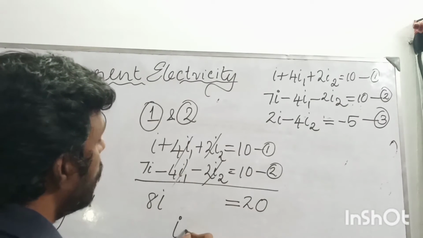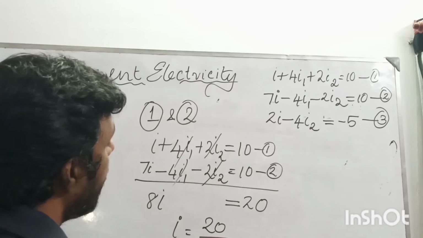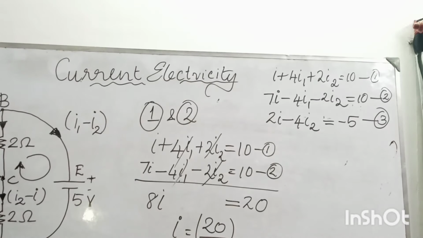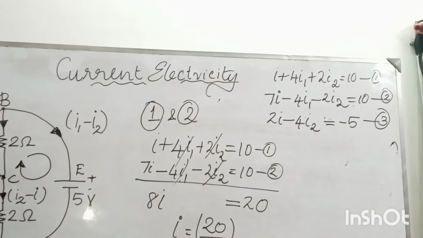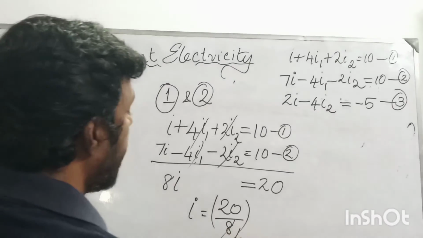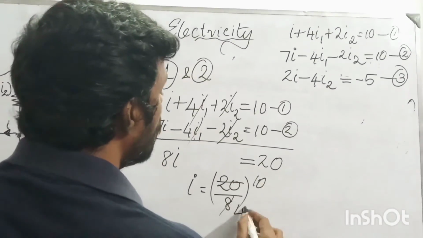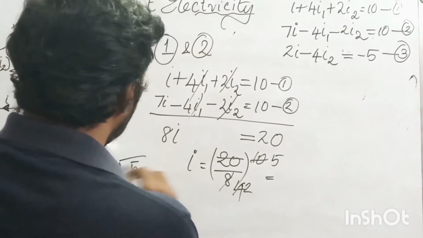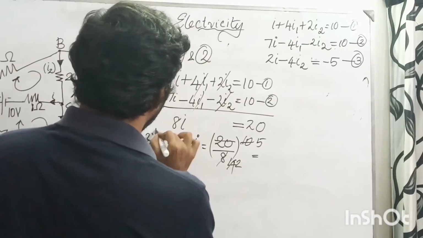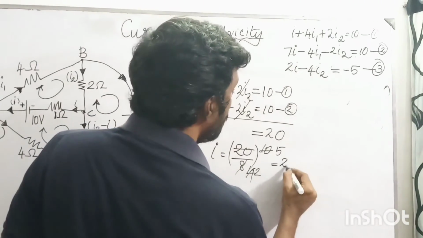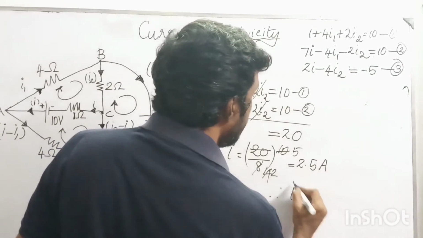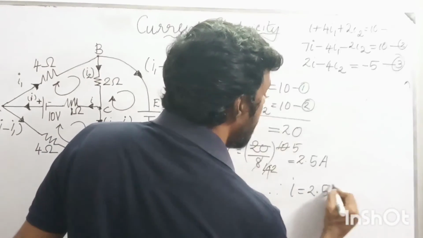Therefore I is equal to 20 divided by 8. What will be 20 divided by 8? 2 4s are 8, 2 10s are 20, 2 2s are 4, 2 5s are 10. So 5 divided by 2, which is 2.5 ampere. Therefore I is equal to 2.5 amperes.